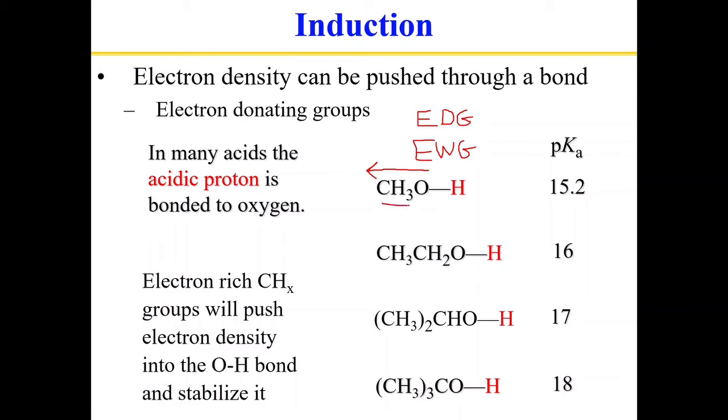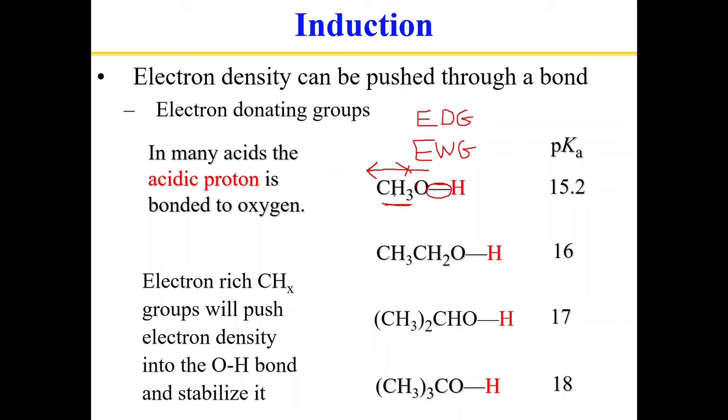So if this methyl group were an electron withdrawing group, then the electron density would move away from the hydrogen. If you take electrons away from this bond right here, then you make that hydrogen more acidic and you give it a lower pKa. But this methyl group is not an electron withdrawing group.